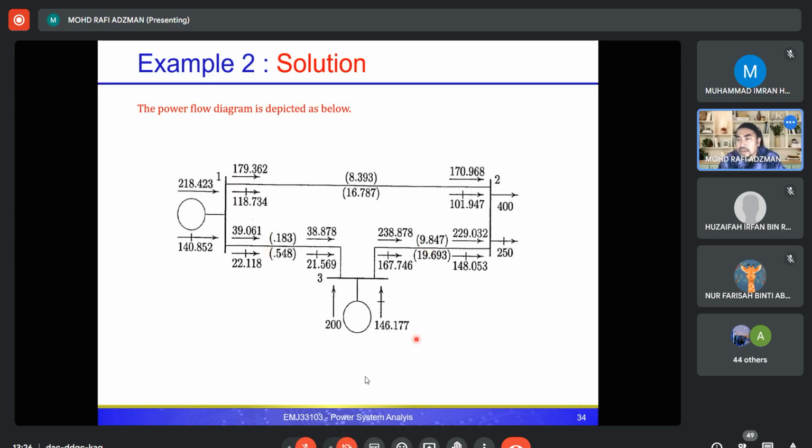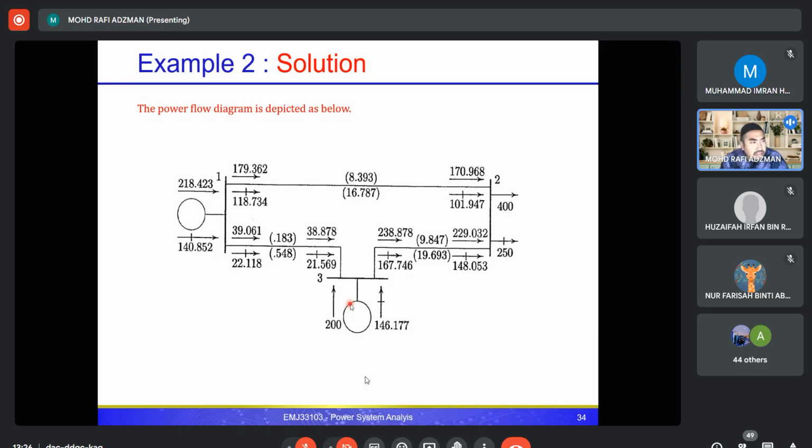Okay. All right. So far, any question on example 2? Any questions for example 2, before I present the exercise? Any questions? Okay, if there are none, we move on to the exercise.